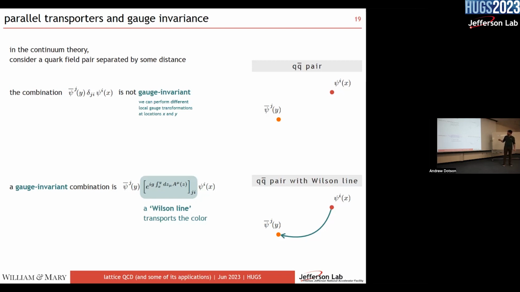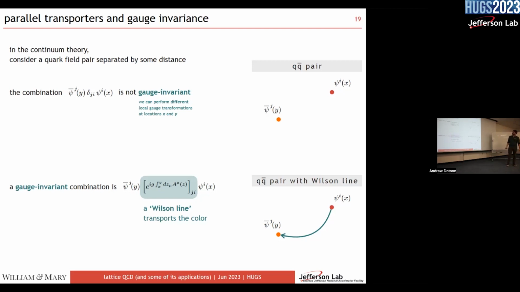And essentially, the reason it's gauge invariant is whatever gauge transformation you do on this quark field gets done in a compensating way to the gluon field just next to it. And the gluon field just next to that gets done in a compensating way. And you get compensation along the line. The gauge transformation gets dragged along the line and cancels out everywhere. So this is called a Wilson line. In a sense, it transports the color from here to here in a gauge invariant way.